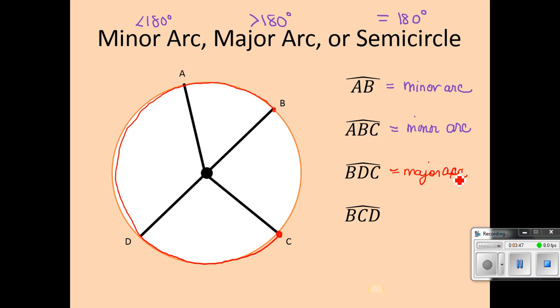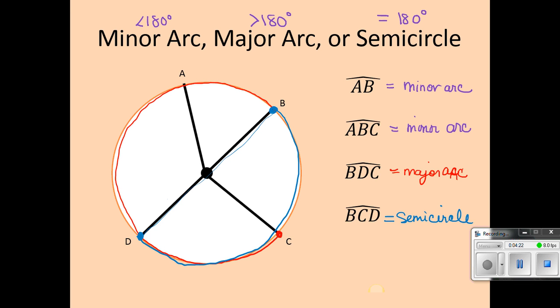Now if I were to look at BCD, because segment DB is the diameter that cuts the circle in half, I would call that a semicircle because I would have exactly 180 degrees.